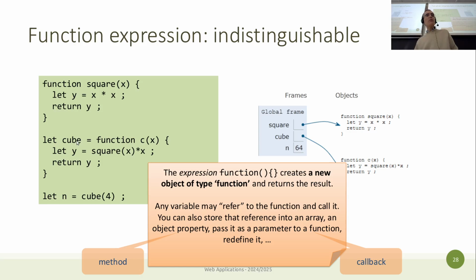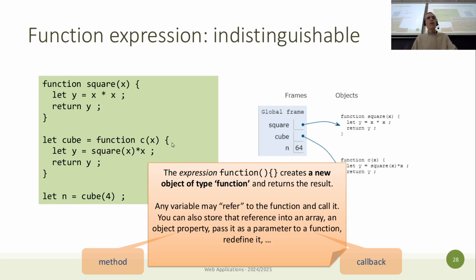There's no difference between using a variable, which is a reference to a function, or the name of the function itself when defined in the code. For JavaScript, it's exactly the same. We can use both syntaxes.